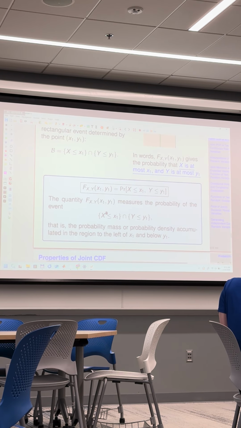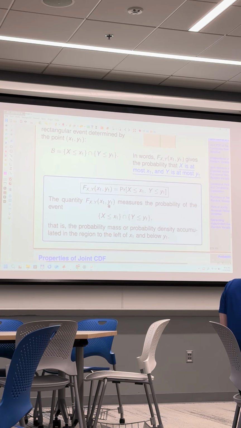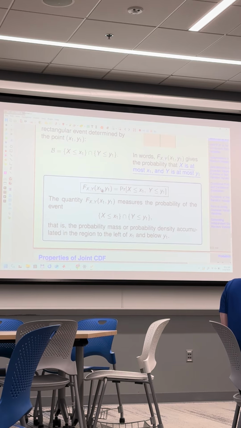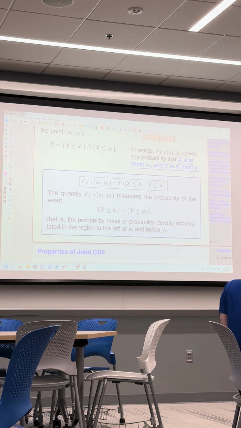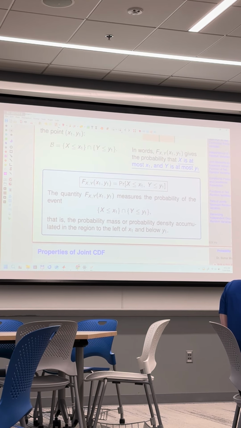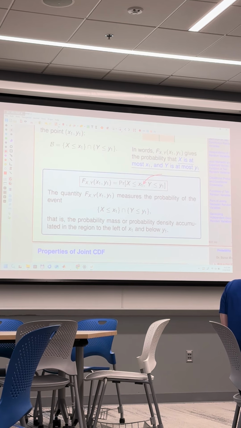So when you find the joint CDF, as I said, this comma is nothing but and. Make sure you don't mix up, and I did mention it 1,000 times.